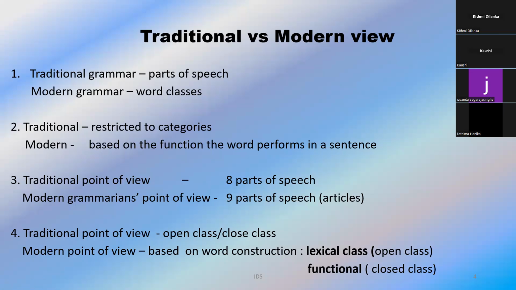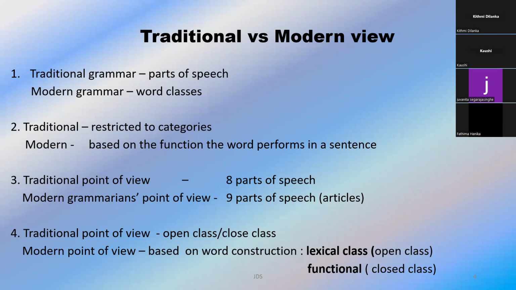So the modern view is not that rigid. Traditionally, they are very rigid. Traditional grammarians did not allow a particular word to fall under two different categories. But from the point of view of modern grammarians, it's possible to classify words under different categories.